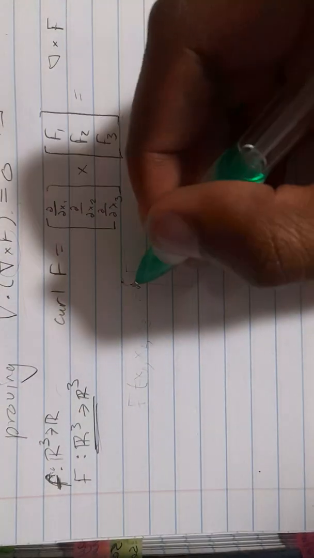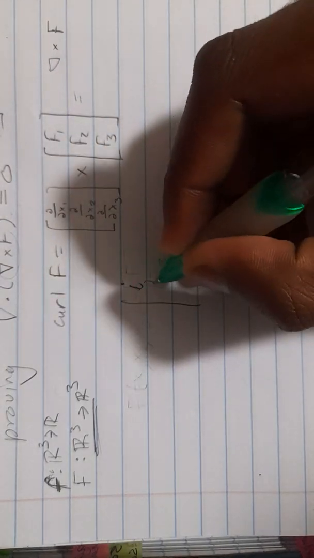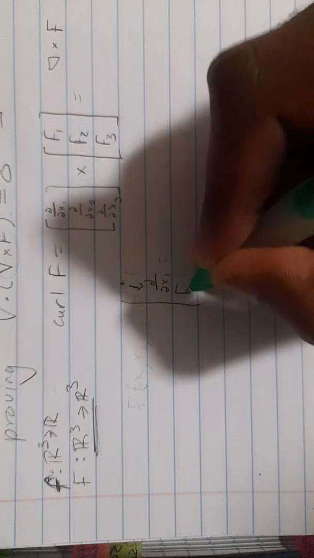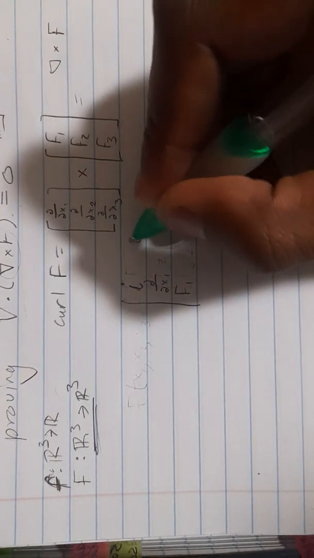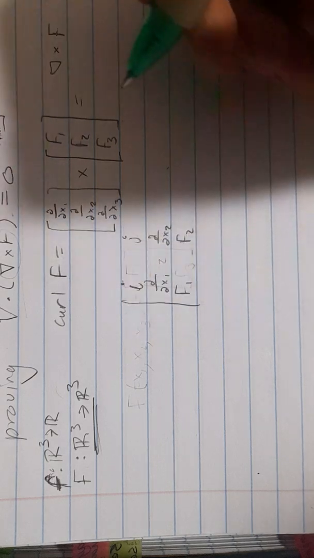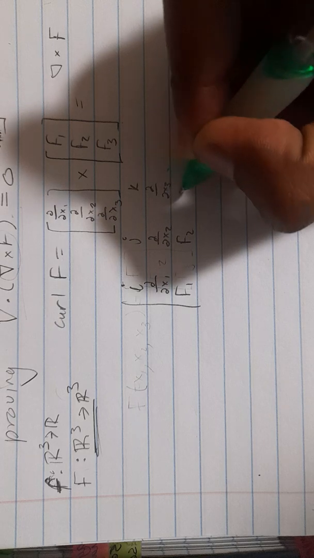That's why this definition is so important. So i, partial x1 for f1; j, partial x2 for f2; k, partial x3 for f3. Can you see I've just taken the transpose there?